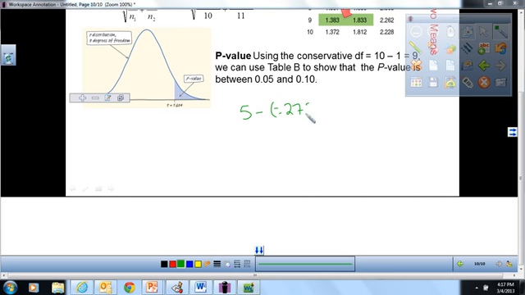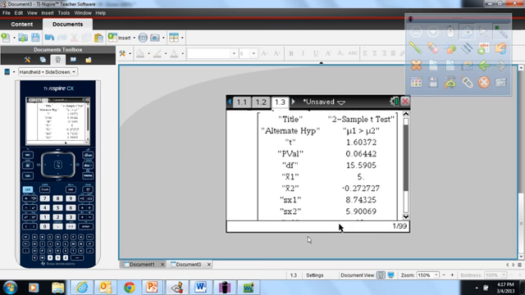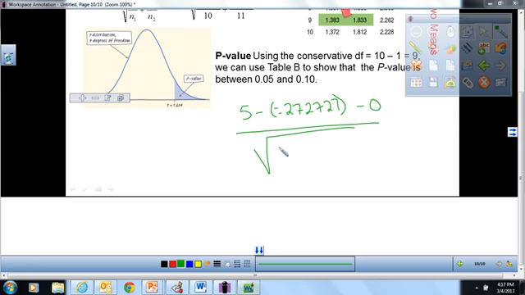And then it's going to be minus 0 for the no difference over the standard deviation of the statistic, which is going to take the standard deviation from my problem right here, this 8.74325.